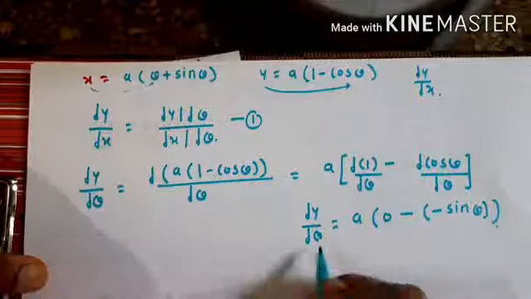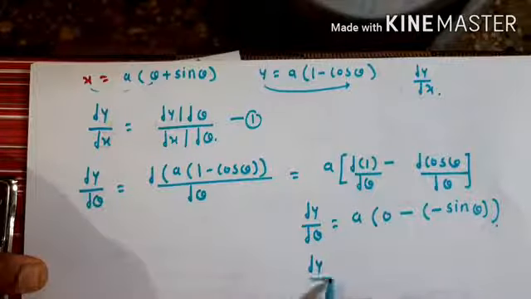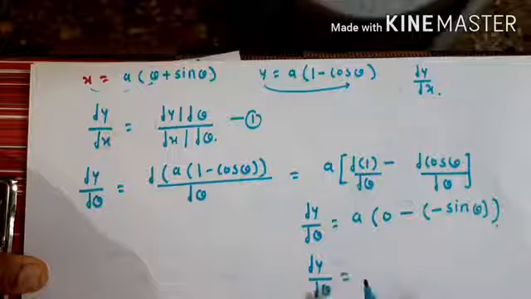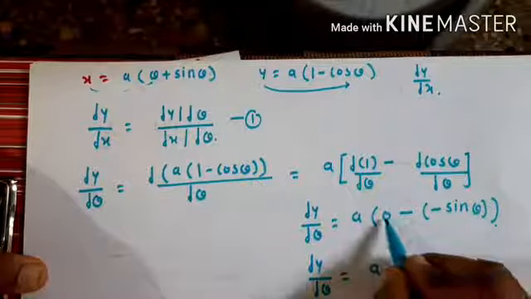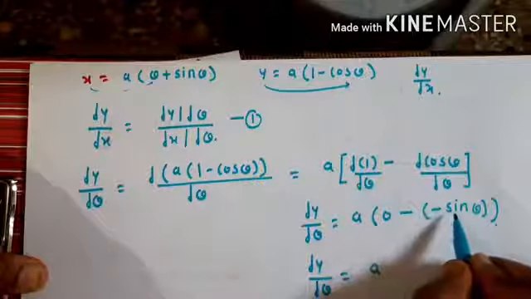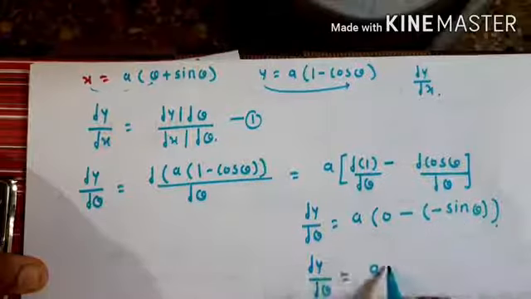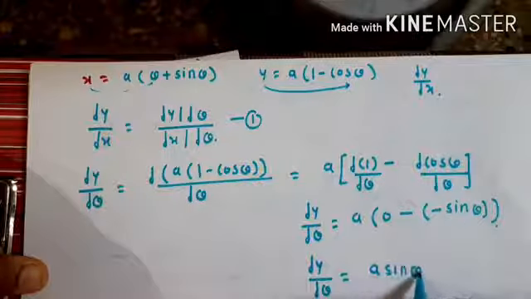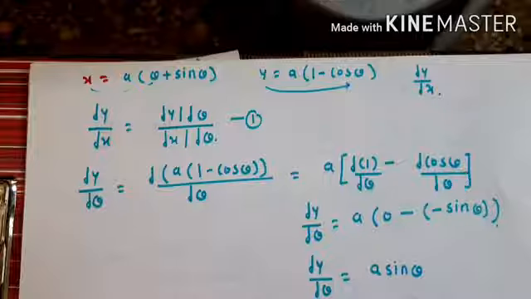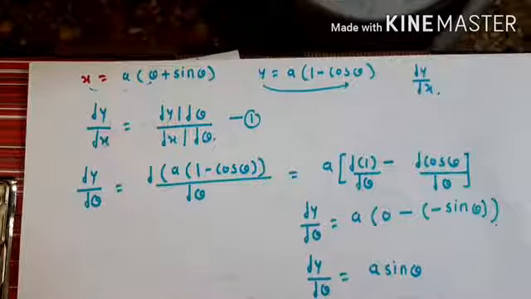Hence dy by d theta equal to a into minus becomes plus, and that is sine theta, a into sine theta. This is one, this is second.